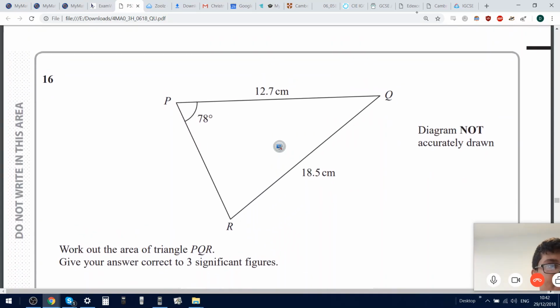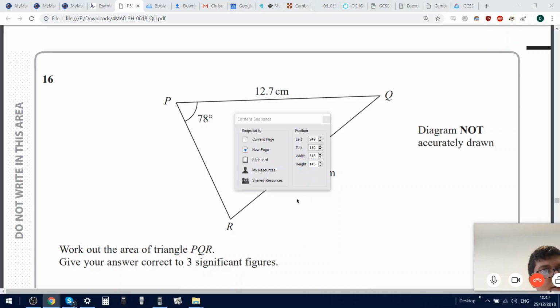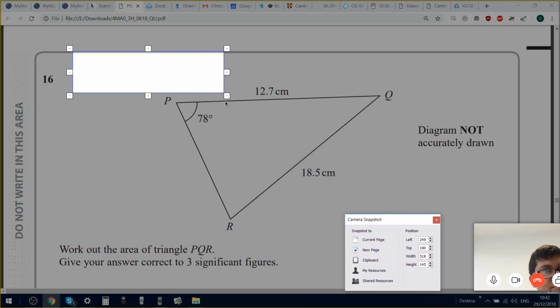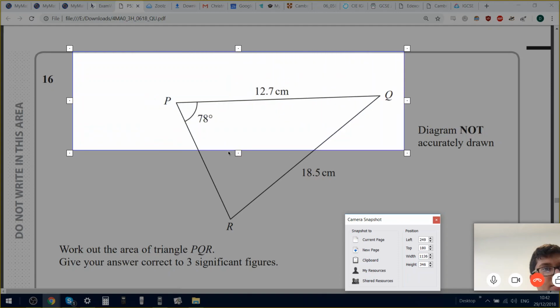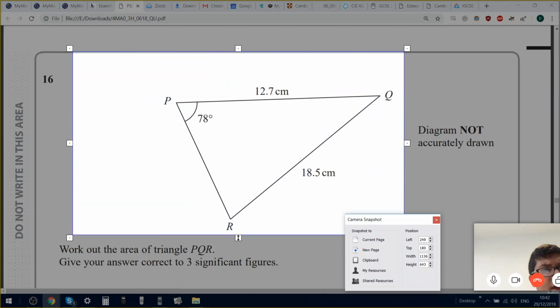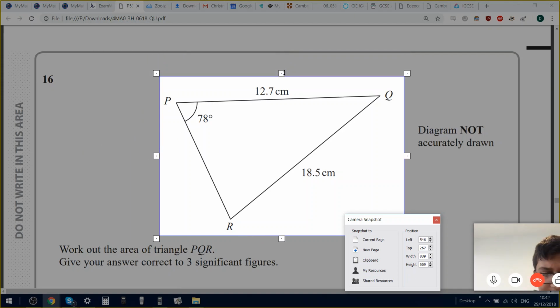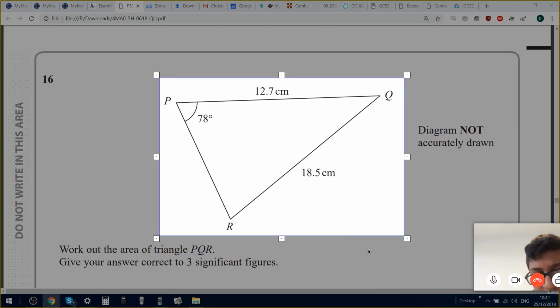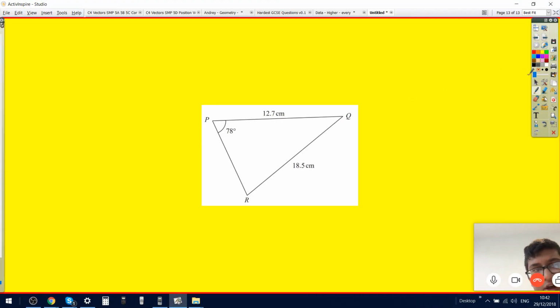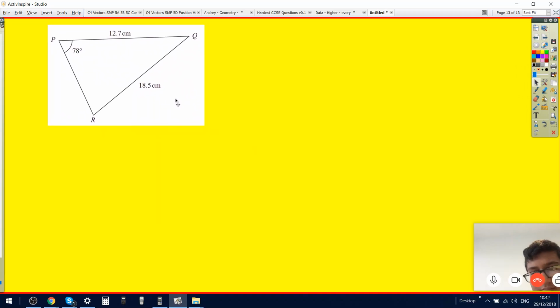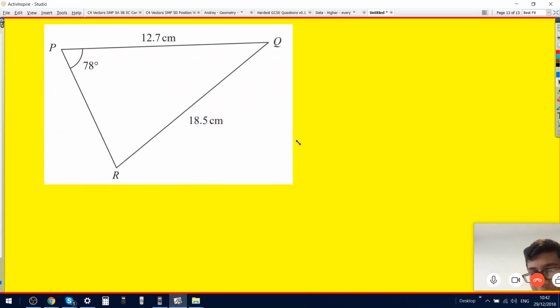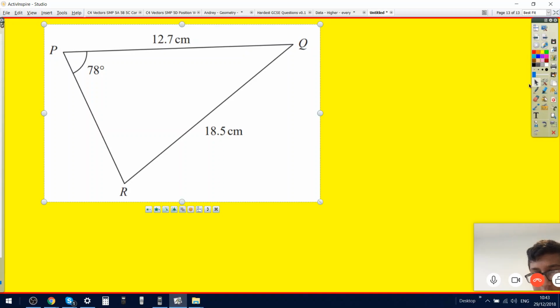Okay, area of this triangle. The area is half ab sine C. So that gives us a half times 12.7 times 18.5 times sine 78.